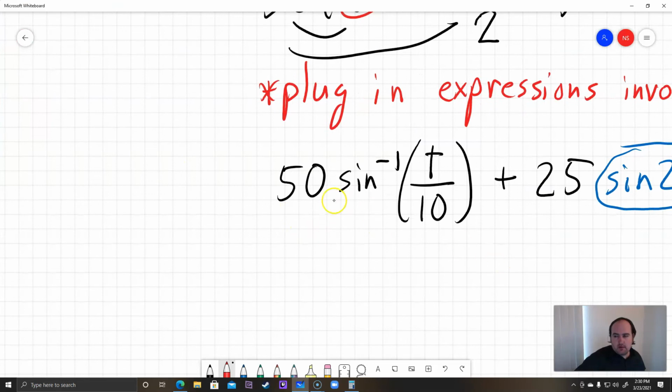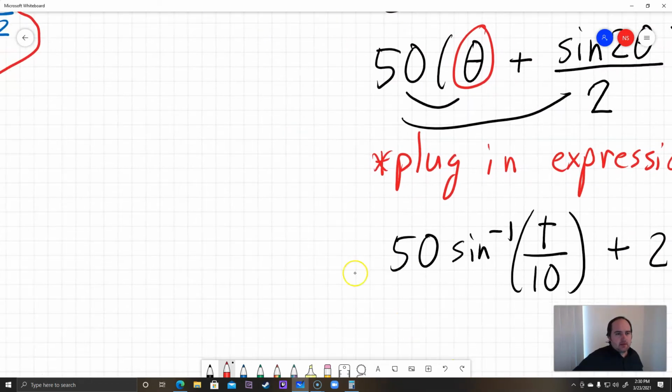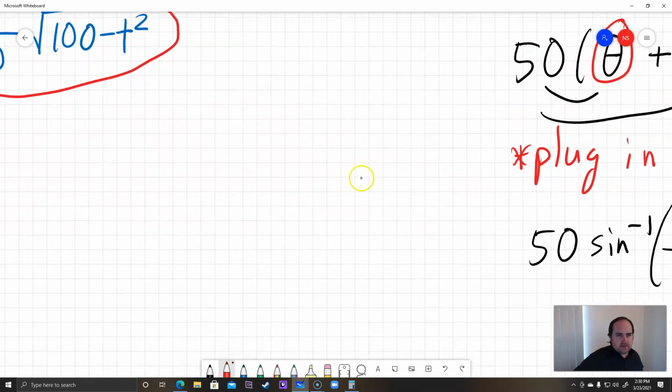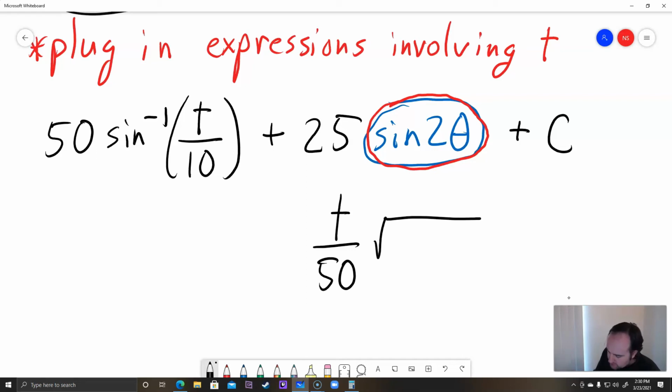So over here, this sine of 2 theta, we're going to go ahead and replace that with what we just got. So we're plugging in t over 50 times the square root of 100 minus t squared. Is that right?